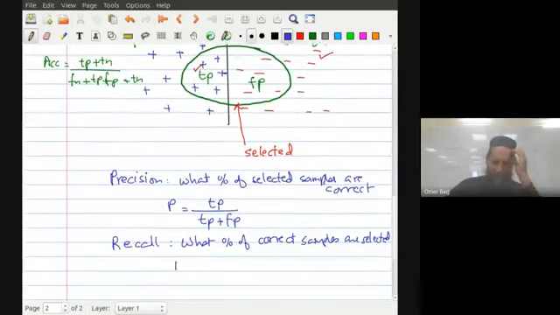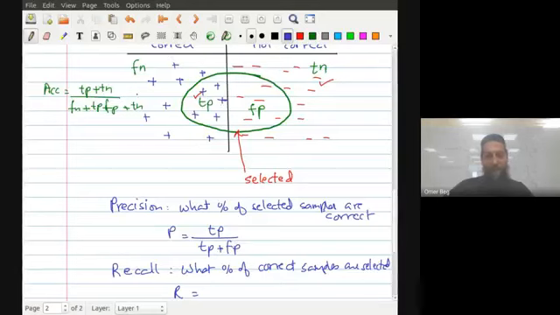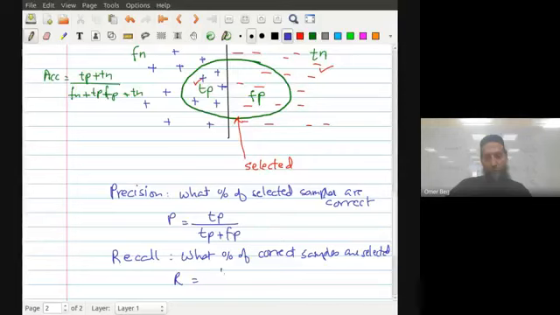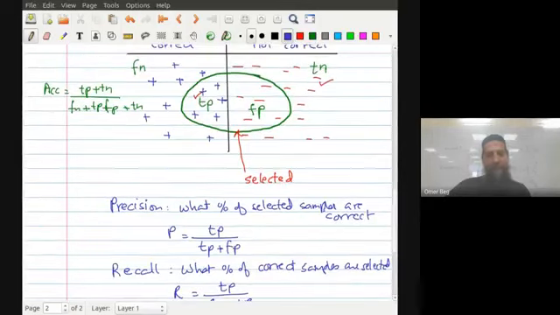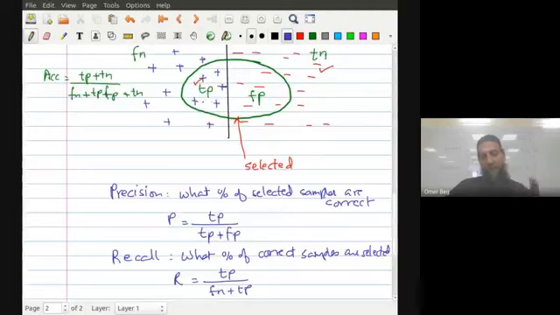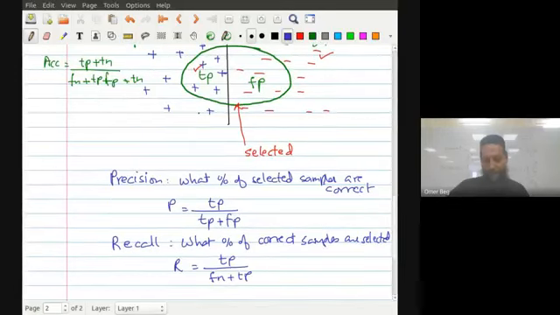So recall can be written as, so these are all the positive samples which are correct, so true positive over false negative plus true positive. So amongst all the positive ones, what percentage has been captured by your algorithm? So that's recall.